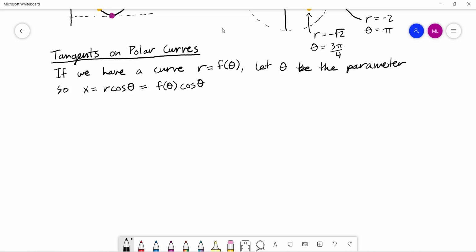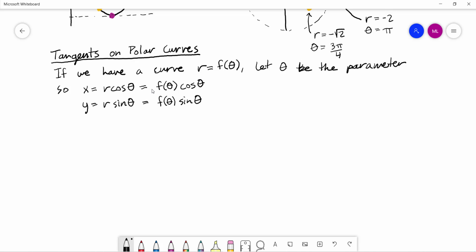And similarly, y, which is r sine of theta, is now simply f of theta times the sine of theta. I can write x entirely in terms of theta and y entirely in terms of theta because I have an expression for r entirely in terms of theta. And we now have this written all in terms of one single variable, theta, which is our parameter. Exactly how we had things before. We just are using theta now instead of t.